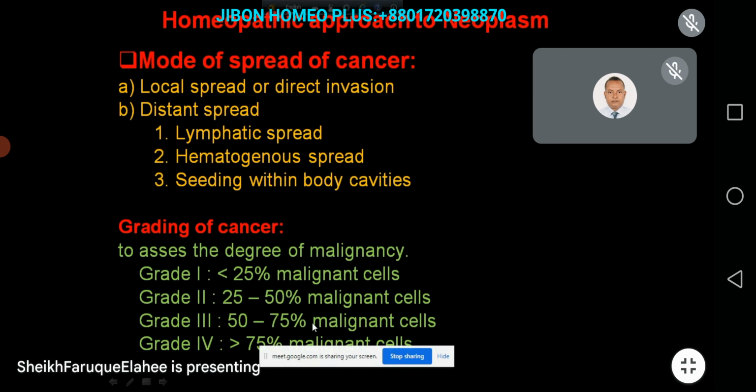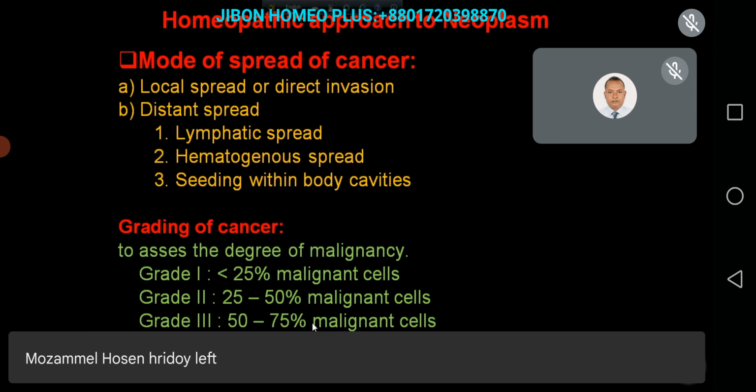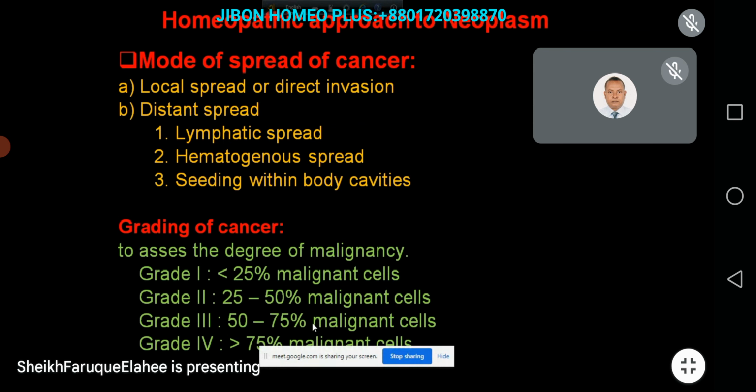So if it is a case of grade 4 cancer, if the patient came for breast cancer, the report came this is grade 4 cancer. The report came of stomach, grade 4 cancer. Of pancreas, grade 4. Grade 4 means almost all the organ became cancer.